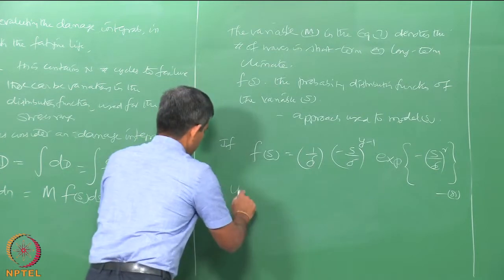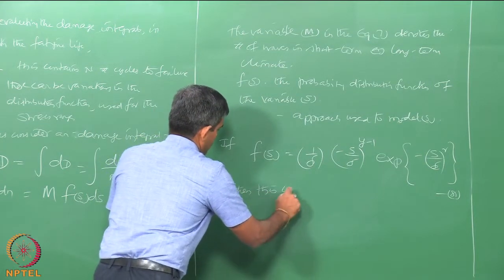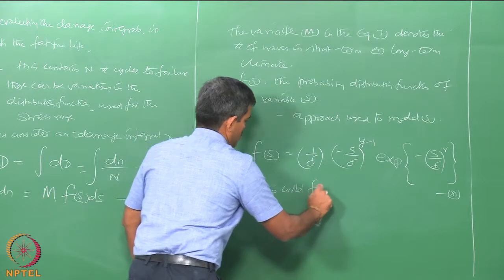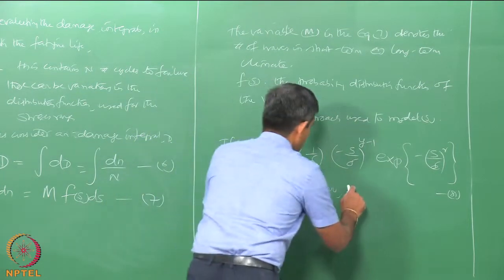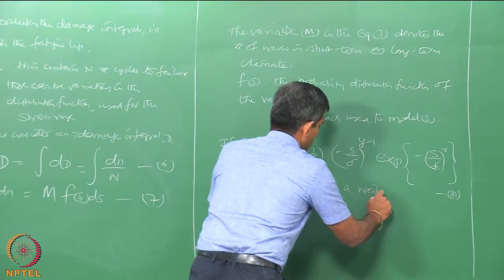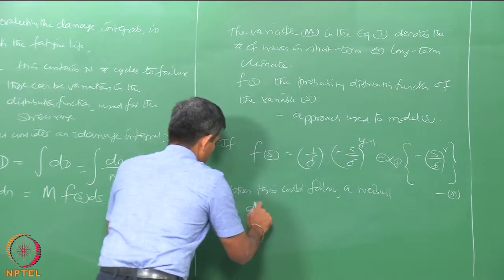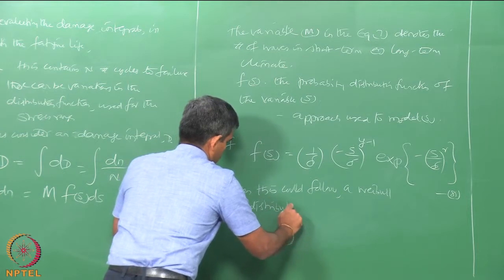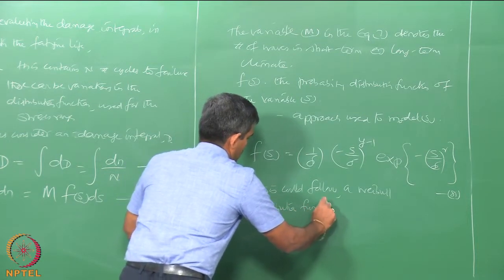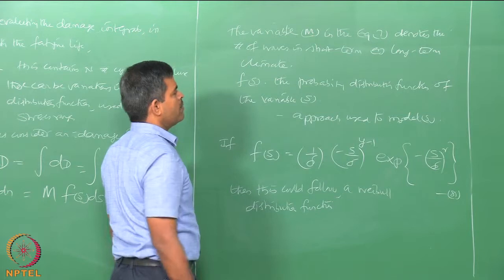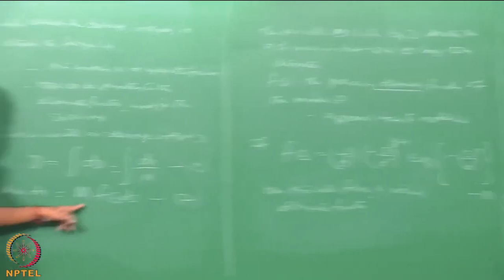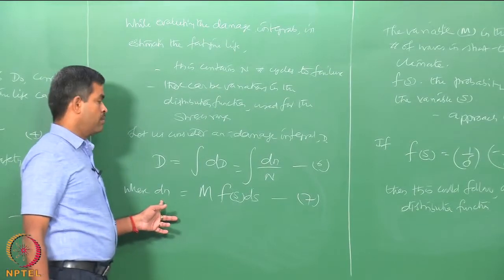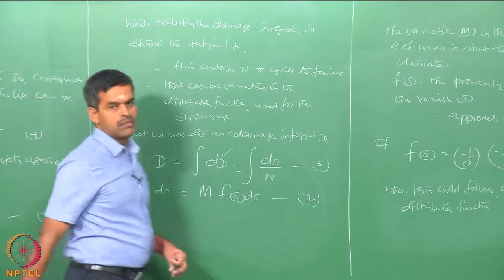Then this could follow a variable distribution function. So, it all depends upon what is the particular PDF you are using for estimating the damage value, based on which your integral is evaluated.